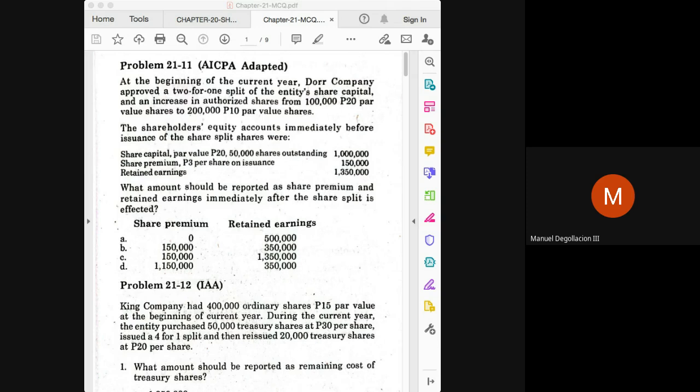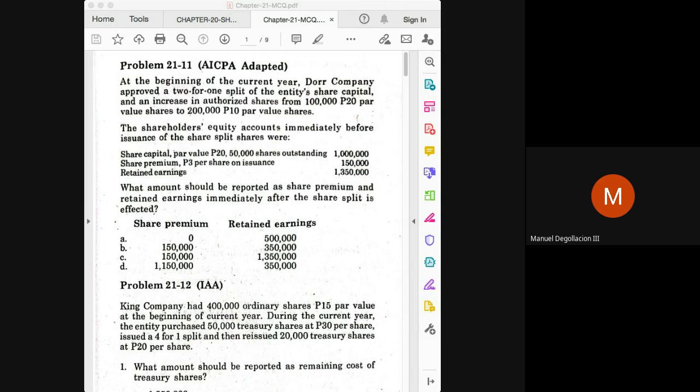There are a lot of reasons for entities to decide to split up or down their shares. One reason could be to control the price, to impact the price of the shares in the market.